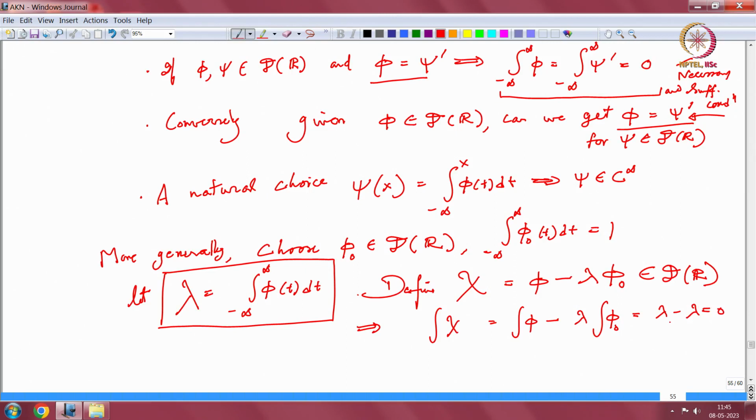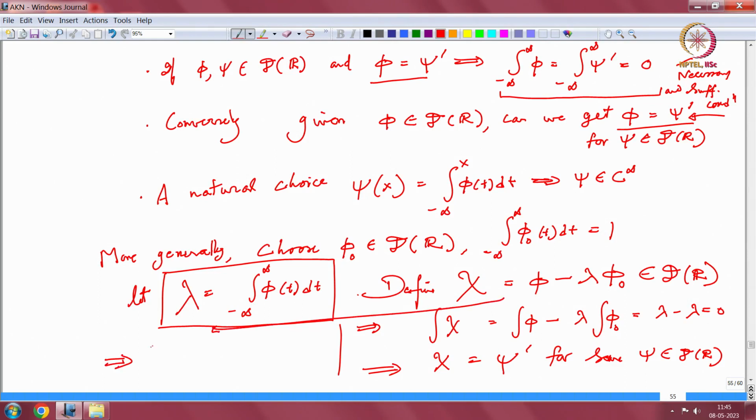So chi is equal to psi prime for some psi in D of R. Then you can write your phi in this form: lambda phi naught plus chi, where chi is psi prime.